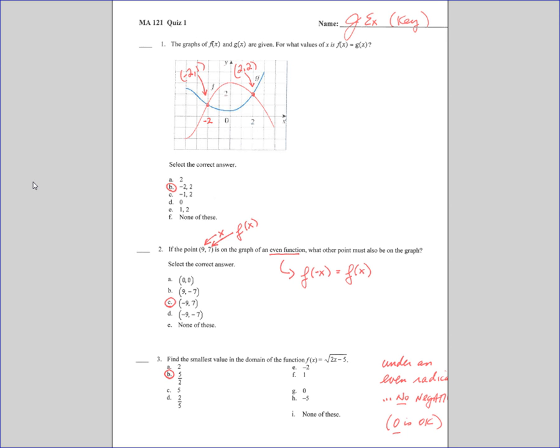And so the last thing, or you might say the first thing that we could have, would be 0 itself. And 0 would occur when x is 5/2, because 5/2 times 2 is 5, and 5 minus 5 is 0. So the smallest value in the domain must be 5/2. Anything smaller than 5/2 will create a negative under the radical sign.